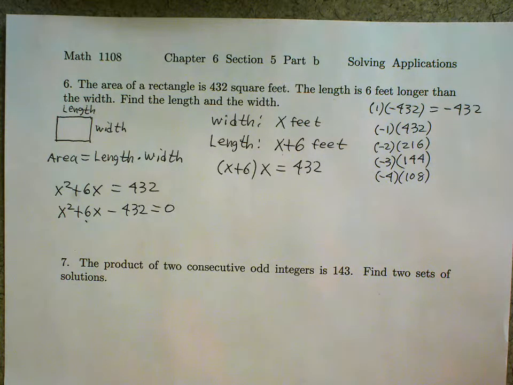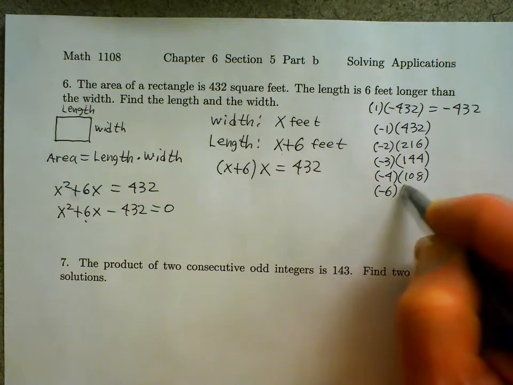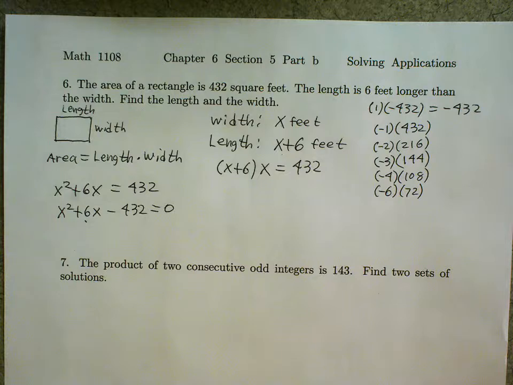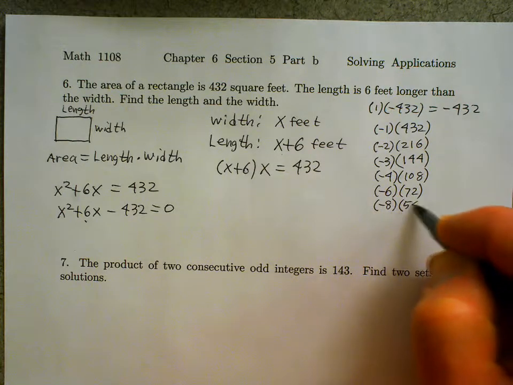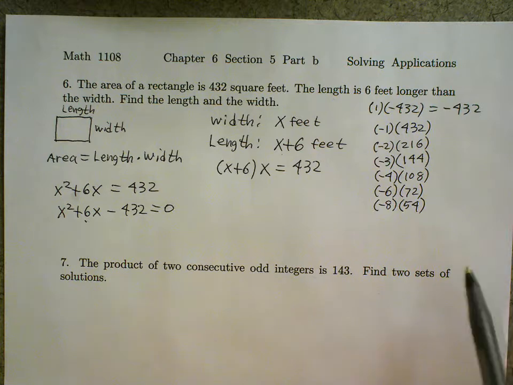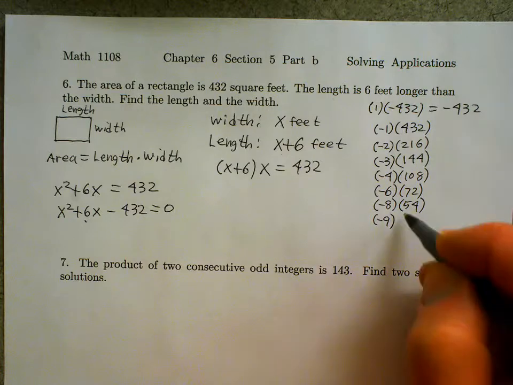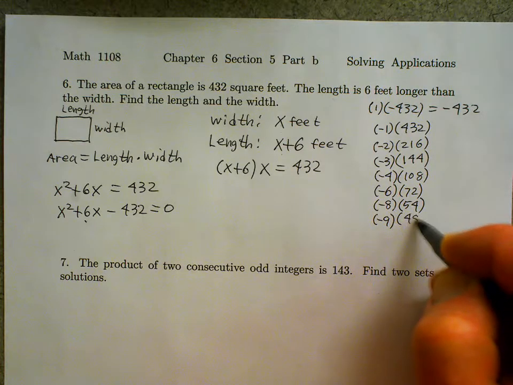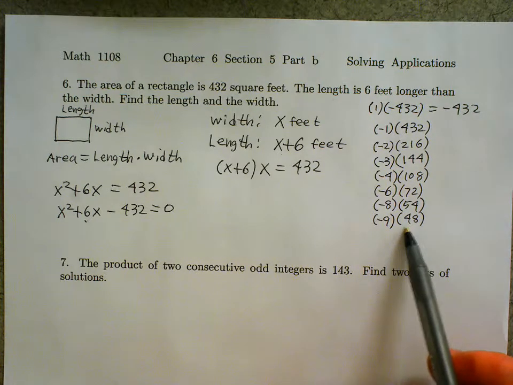Negative 5 is not a factor. Negative 6 times 72. Negative 7 is not a factor. Negative 8 times 54. Negative 9 times 48. Those add up to 39.